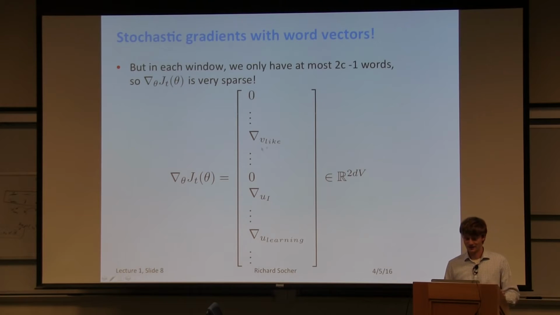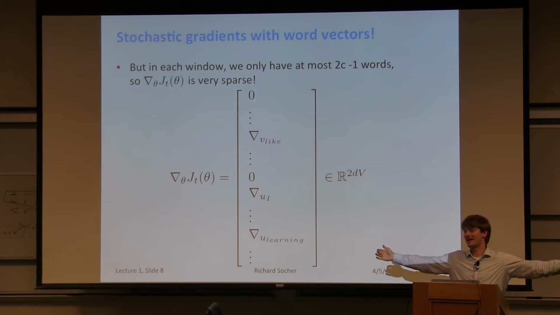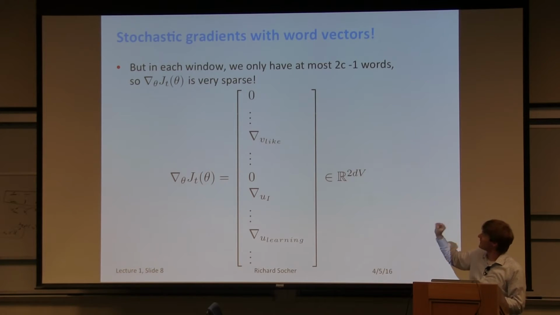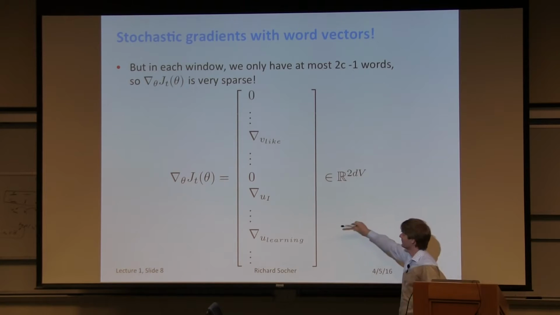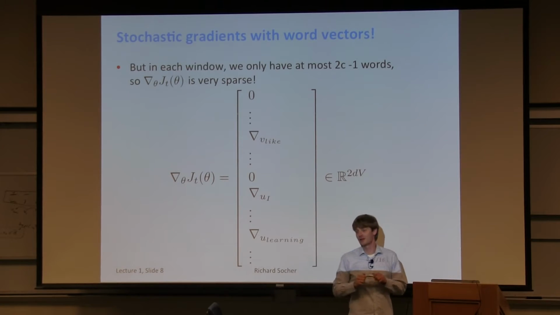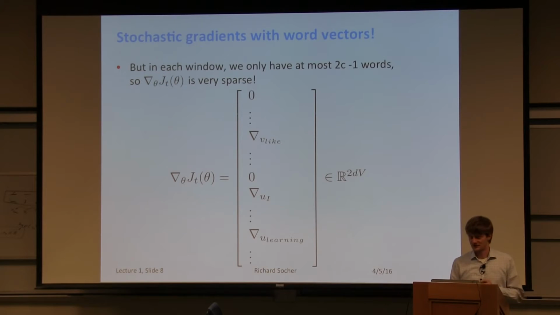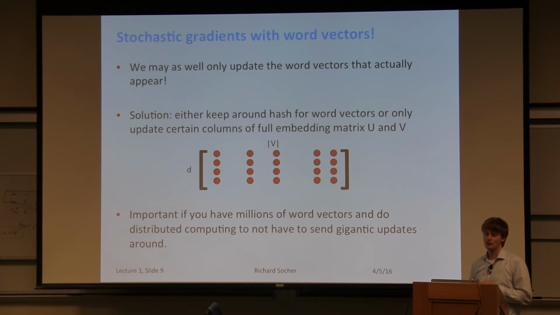We'll have only derivatives for the inside vector of like and the 2 outside vectors of I and learning. And so instead of actually creating that, and this will be very important for all your implementations, because if you implement everything naively with single for loops and indices and then gigantic vectors where you're going to go over every single one and you have here a million numbers that are all 0, it's not going to be very efficient code. And so there are a lot of things that we can do that are much smarter than that.